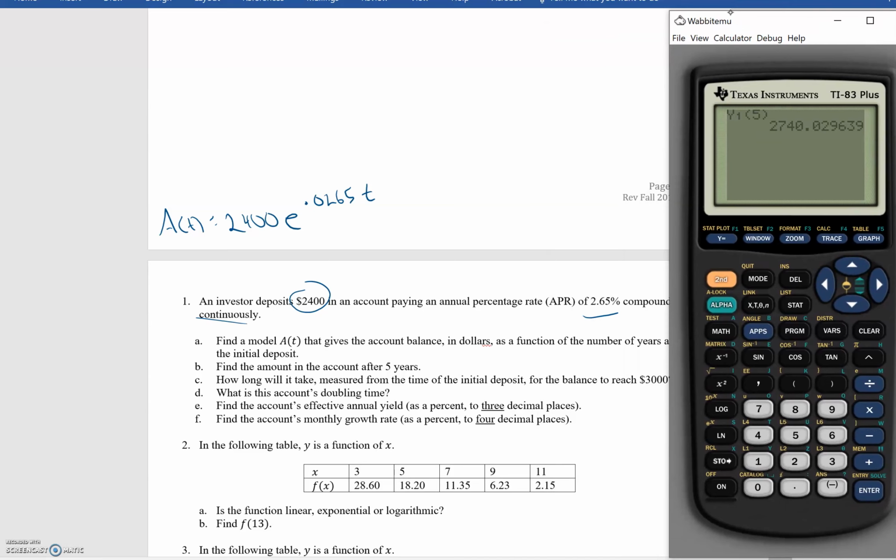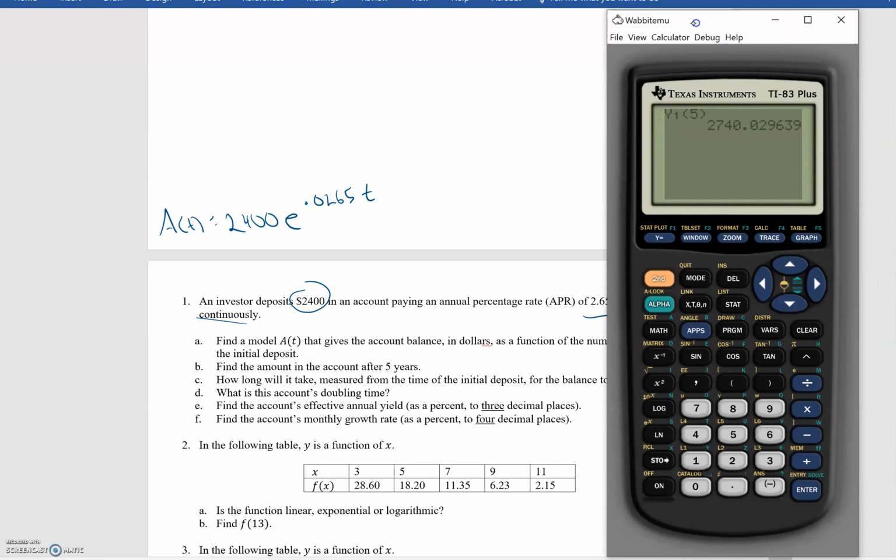Let's go to question C. How long will it take, measured from the time of the initial deposit, for the balance to reach 3,000? So that's a type 2 question or a calc intersect question. So we want to know when the model will get to 3,000. I'm first going to go to my table.